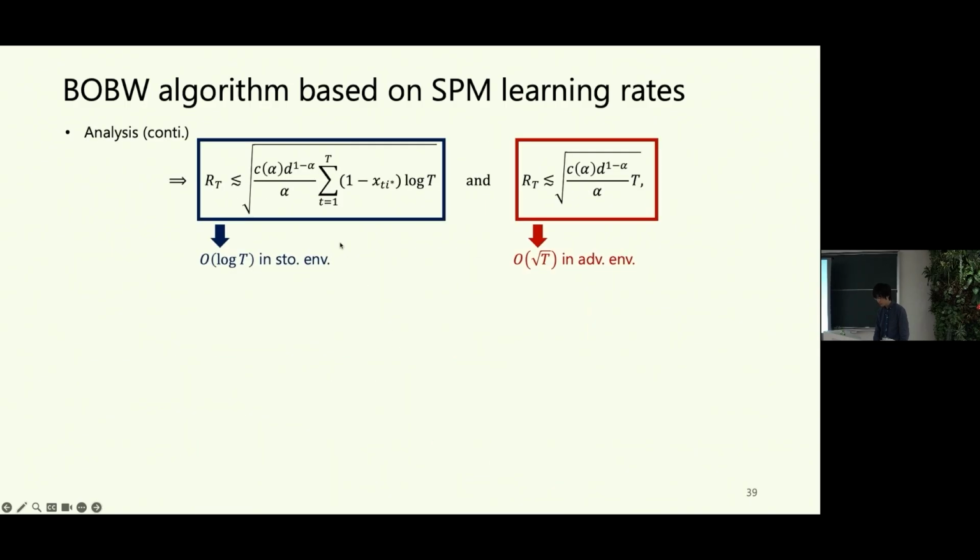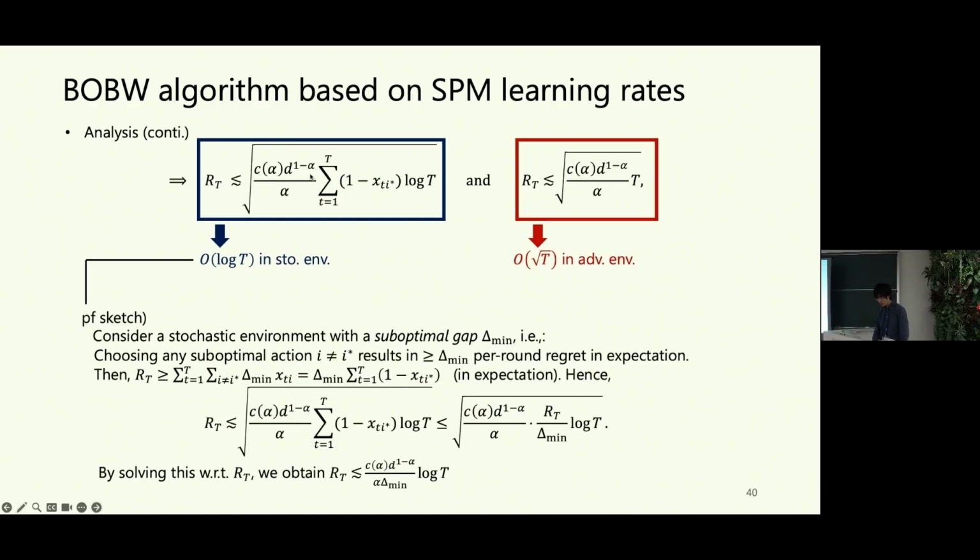And the first one implies a log-T regret in the stochastic environment, and the second one implies square root T in the worst case. The second one is clear from this expression, and the first one would be non-trivial, but it's easy to show.